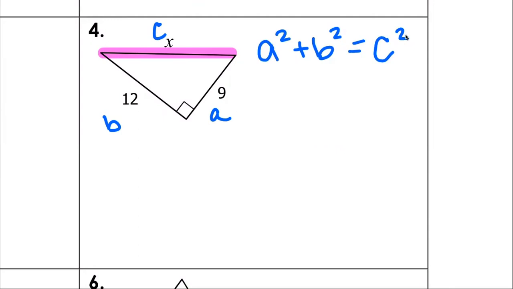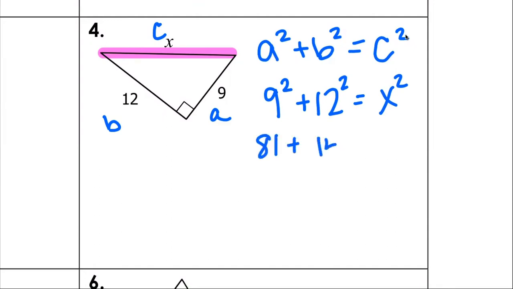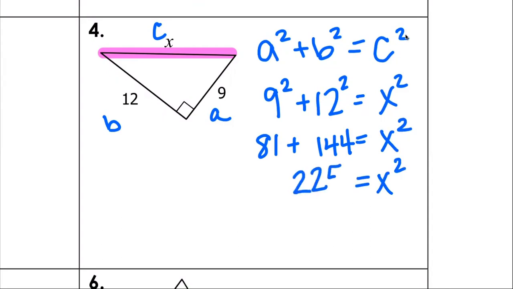So I'm going to write 9 squared plus 12 squared equals x squared. Well, I know that 9 squared is 81 and 12 squared is 144. Okay, well, that's 225.